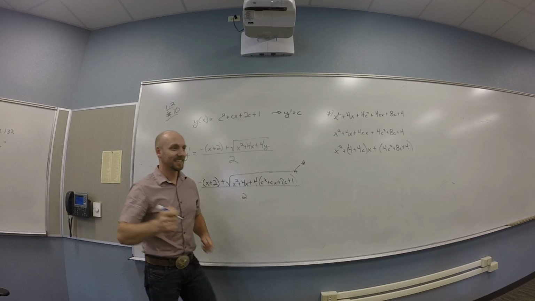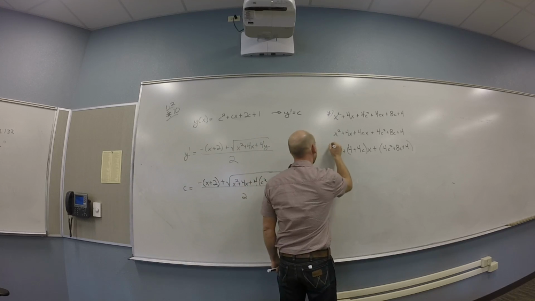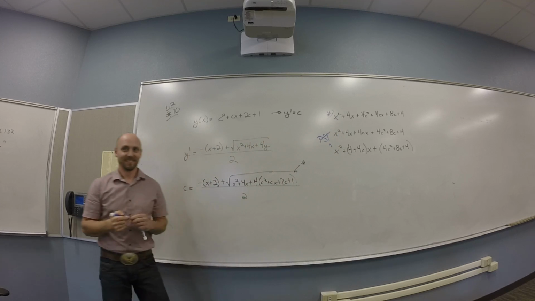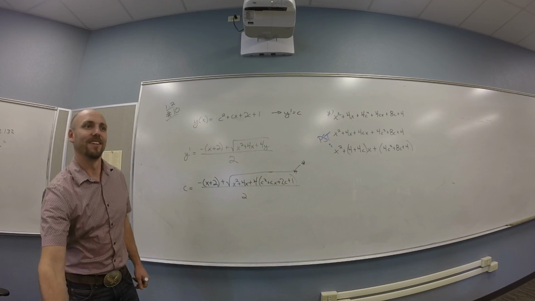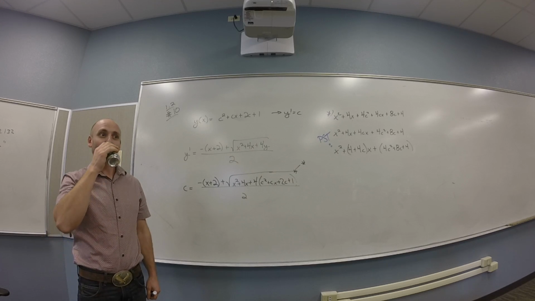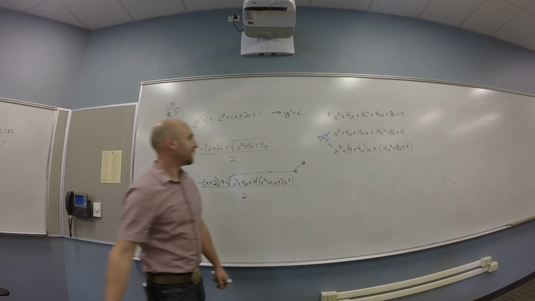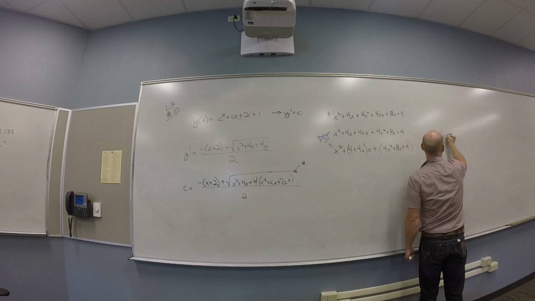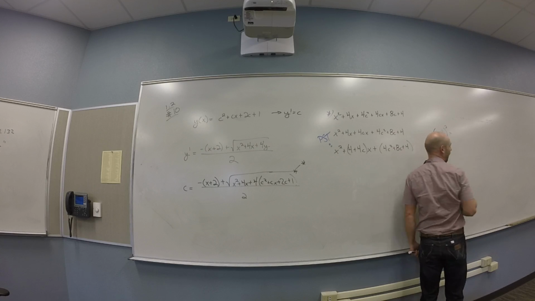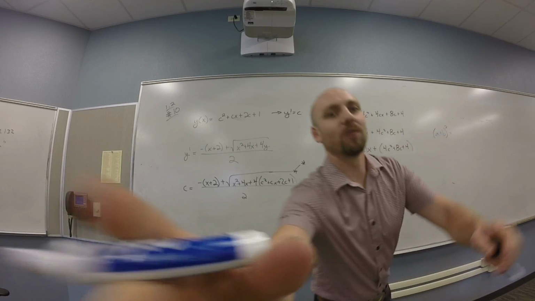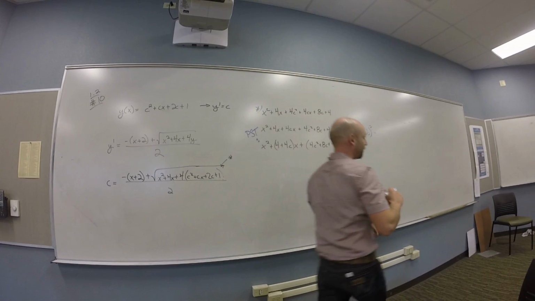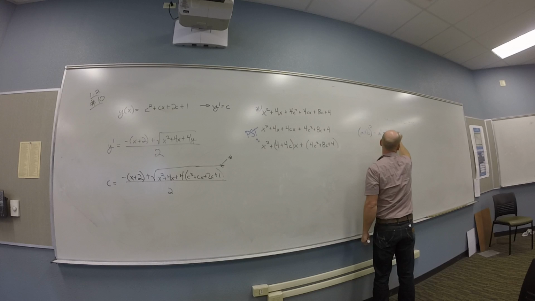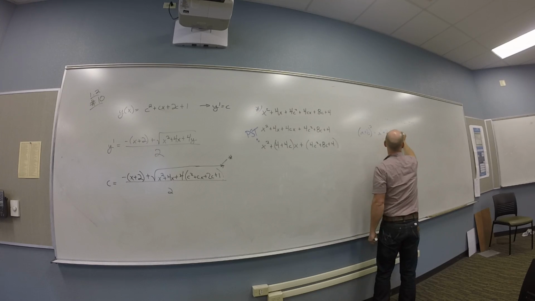If you are a clever algebra student, you will notice that this thing here is a perfect square trinomial. A perfect square trinomial is what you get when you take a plus b quantity and square it. If you square the quantity a plus b, what do you get? A squared plus 2ab plus b squared.